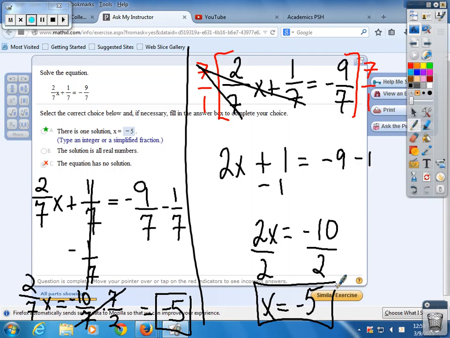So don't say never, all right? But if you remember this rule right here, it will help you out tremendously in any of your algebraic-based math. Okay? So hopefully that helped you out. And the answer is negative 5.